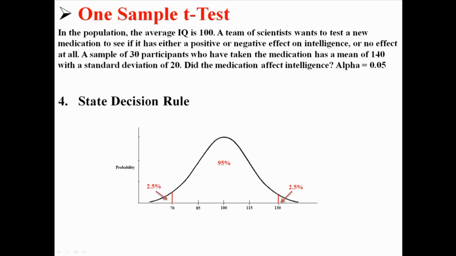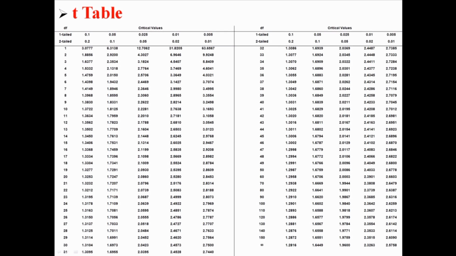We have 29 degrees of freedom and our alpha level is 0.05. And our critical value is 2.0452.